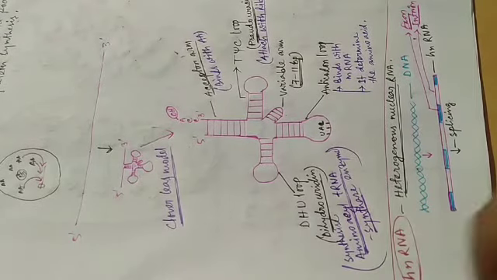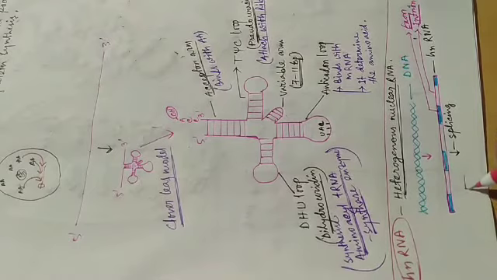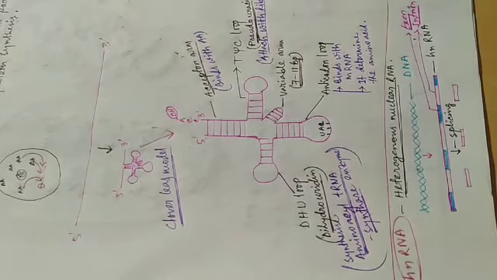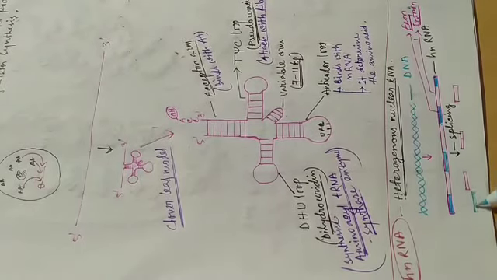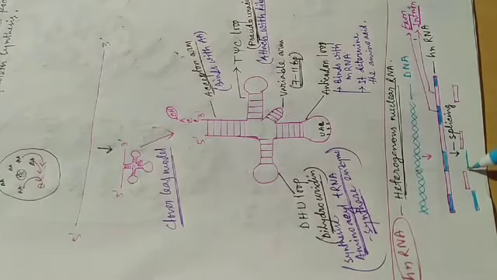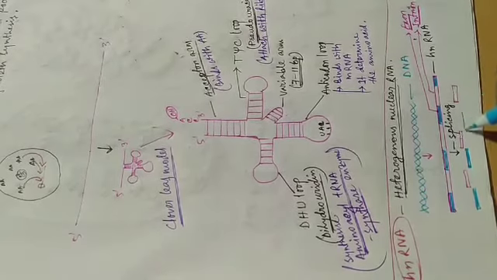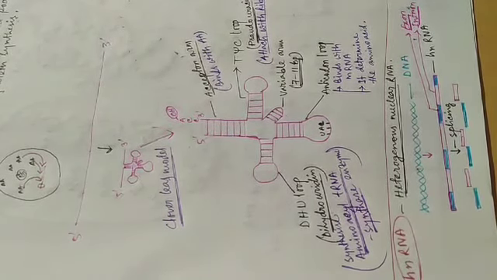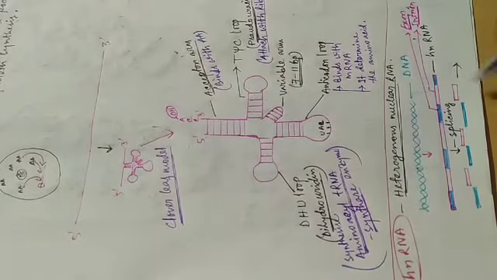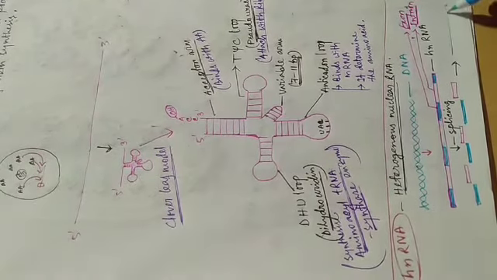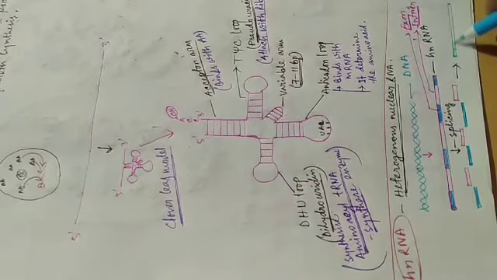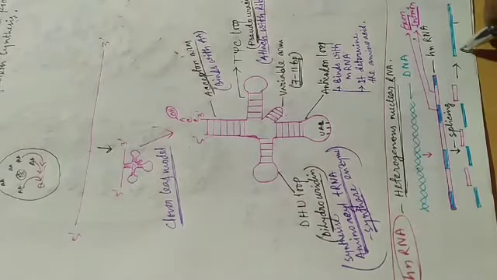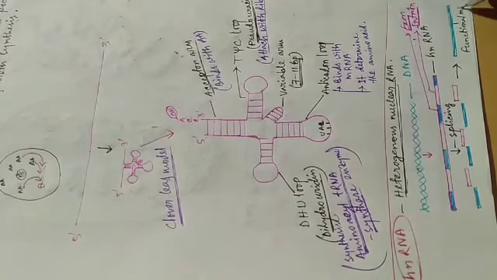So what happens at that stage? All intron parts get separated from the hnRNA with the help of the nuclease enzyme, leaving the exon parts. When the intron parts are separated from the hnRNA, the ligase enzyme attaches the exon parts only and forms a functional mRNA.